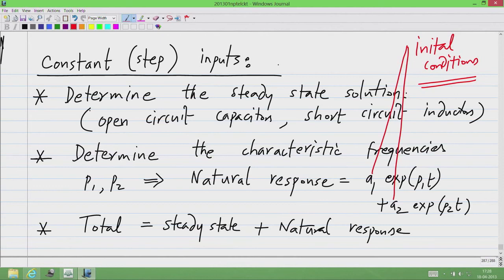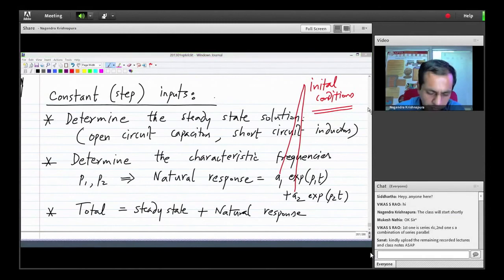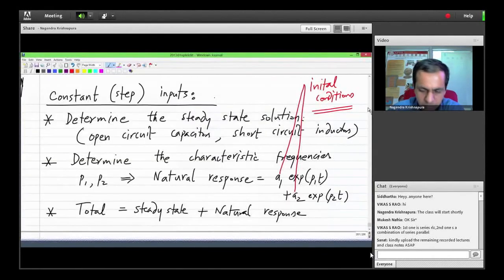Is this clear? Any questions? Any questions about this? In a second order circuit, we will have a second order differential equation and two characteristic frequencies.